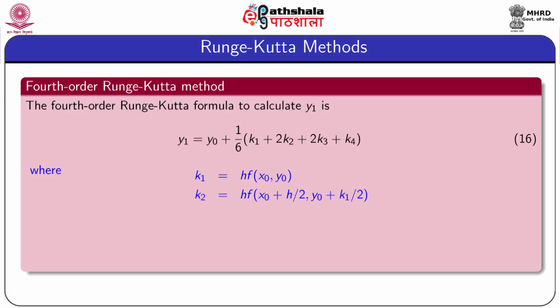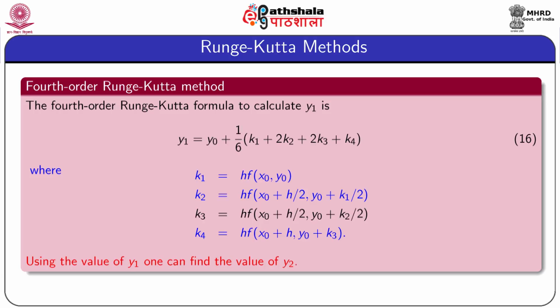Note that the value of k1 is used to find the value of k2. k3 is h into f of x0 plus h by 2, the x value is the same, but the y value is different, that one is y0 plus k2 by 2, and k4 equal to h into f of x0 plus h comma y0 plus k3. So these are the values of k1, k2, k3 and k4. Equation 16 gives the value of y1 when k1, k2, k3 and k4 are available.